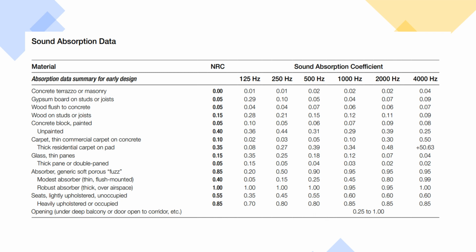Here you can see they have a value of 0.4. It is modest at lower frequencies, like 0.05, 0.15, 0.25, but at higher frequencies like 2000 and 4000, you can see it's almost 1. It's almost a perfect absorber, meaning it will absorb high frequency sounds but not low frequency sounds.